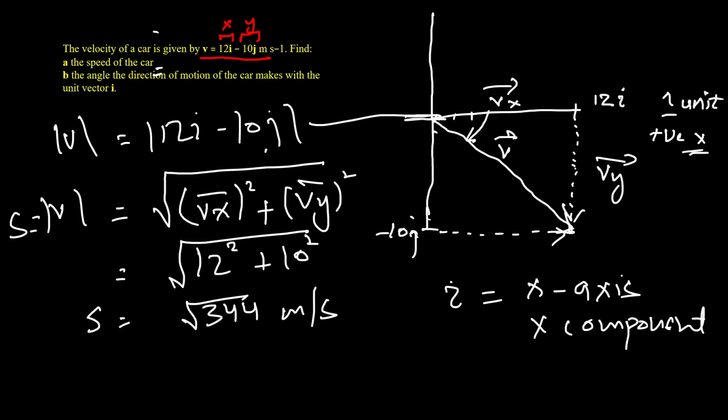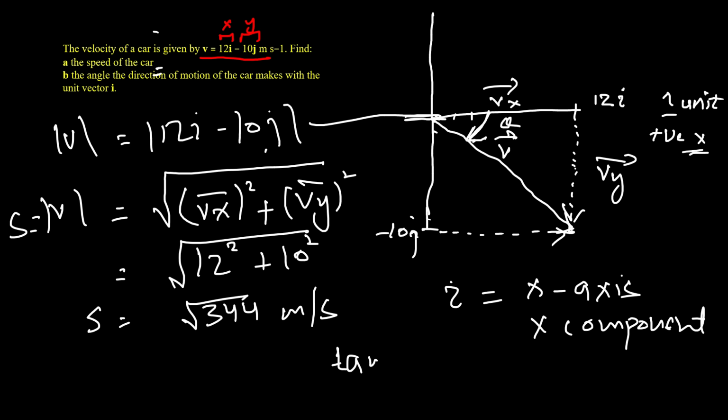We know that this is a right angle triangle. We know that these three vectors vx, v and vy make a right angle triangle, and we have to find this angle. It can be found by simply taking a tangent. Let's call this angle theta.